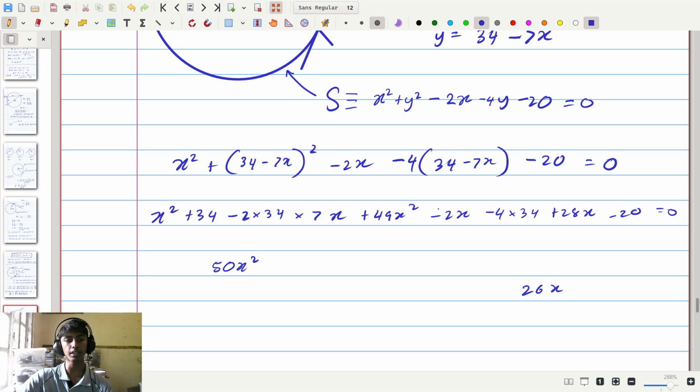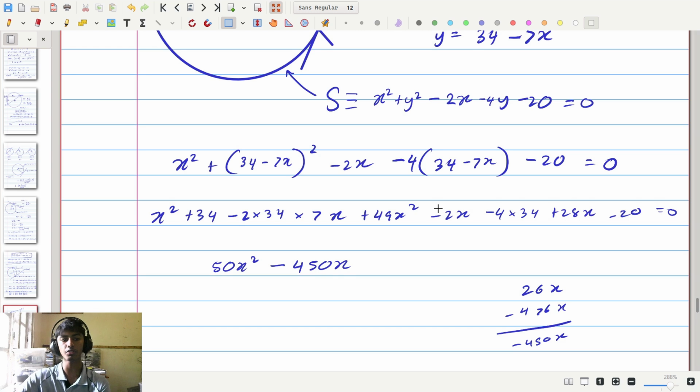As for 7 times 6, that's going to give us 42, so 420. So we get 476. Subtracting 476 here, because here we can see there's a minus here. Subtracting 476x from this thing, we get negative 450x. So therefore we have negative 450x in this equation.